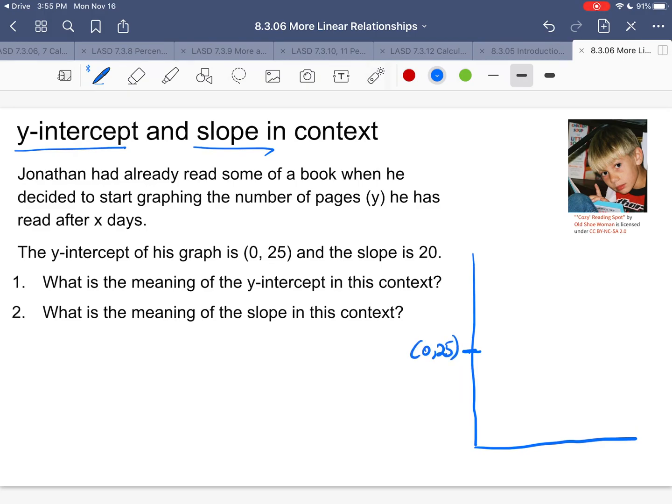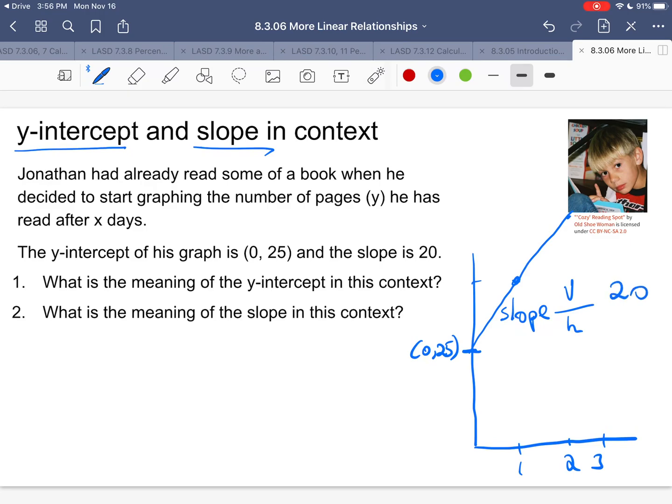And remember, y-intercept is sometimes also called the vertical intercept. But here's the y-intercept, and the slope is 20. So your line goes from there. Let's say that's 25, so 20 would be here. And let's say this is 1, 2, 3. So after 1 day and after 2 days, he'd be up here somewhere, just to roughly draw it. So this is his slope, which is the vertical over the horizontal changes, and it's 20.